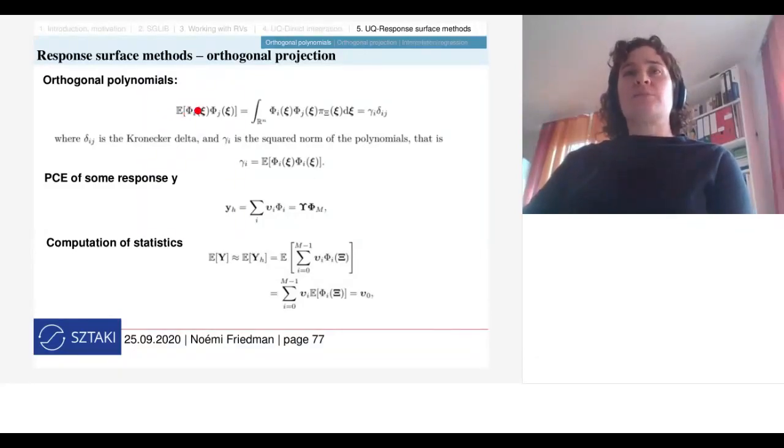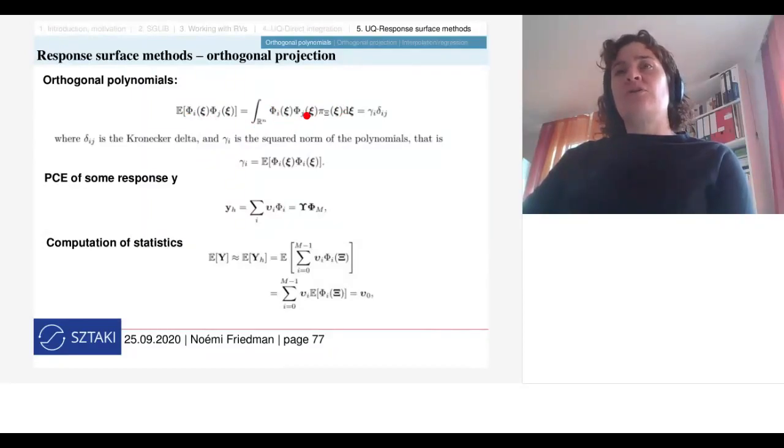Professor Mattis explained that the expectation of the product of two random variables can be defined as an inner product. You may have met already in the functional space how to define an inner product, but the only difference here is that it's weighted by this weighting function.